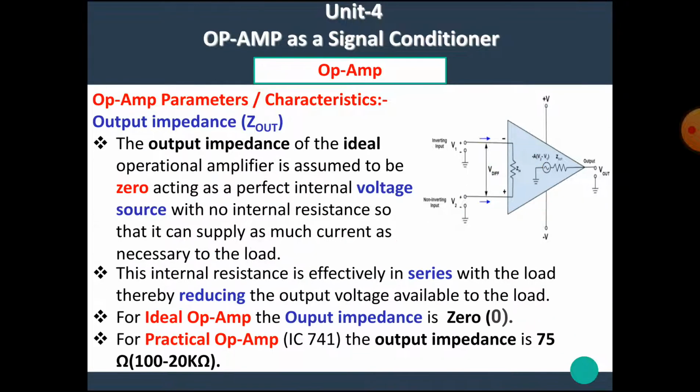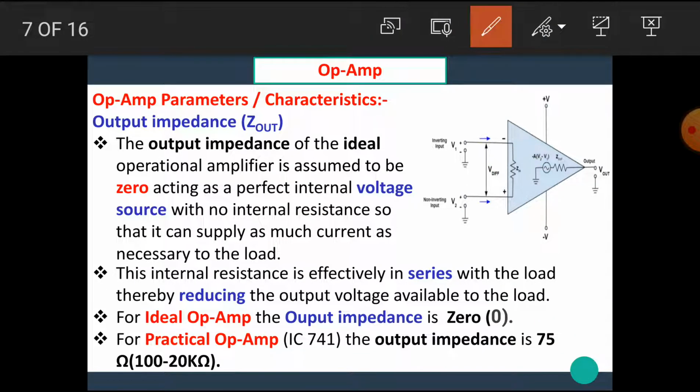Now let's see the next parameter, the output impedance Z out. This is the output impedance Z out. The output impedance of the ideal operational amplifier is assumed to be 0, acting as a perfect internal voltage source with no internal resistance so that it can supply as much current as necessary to load.